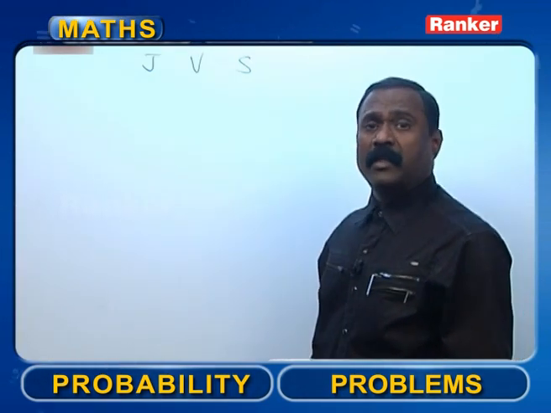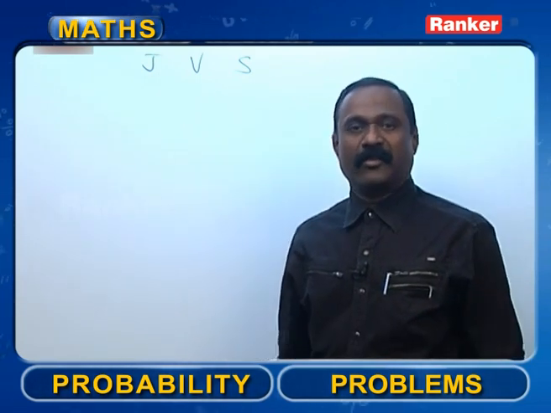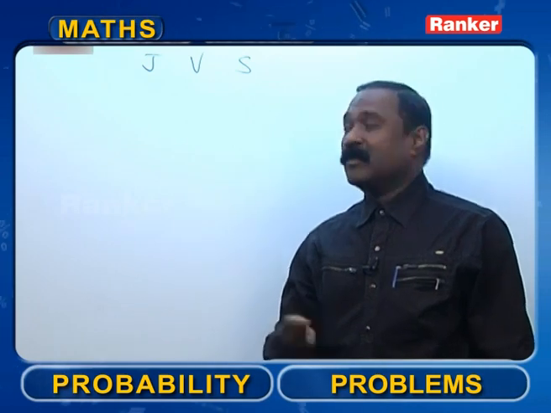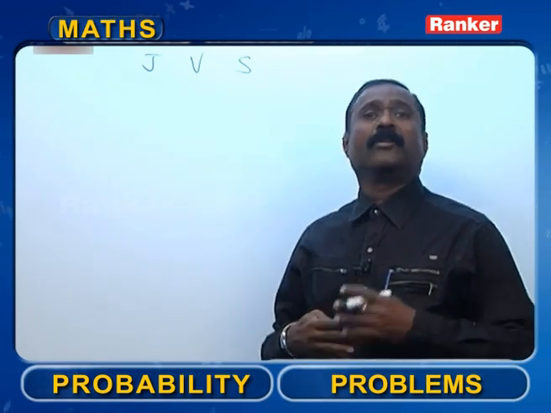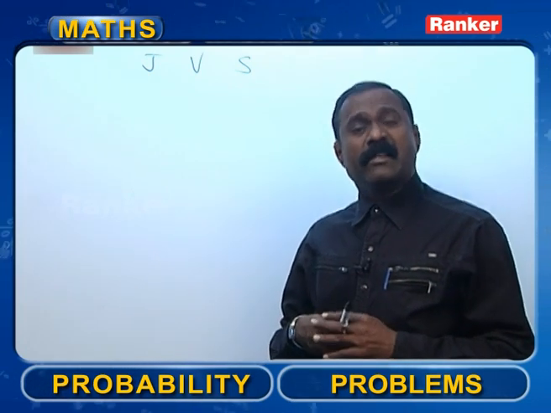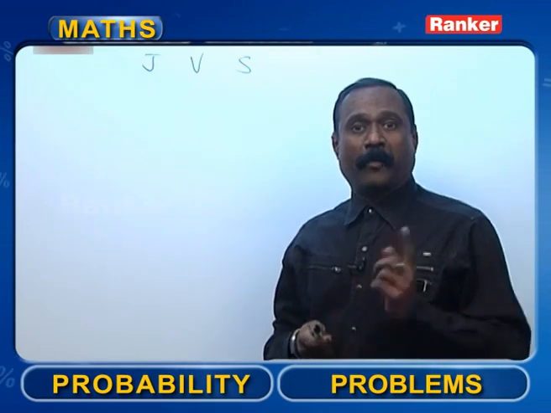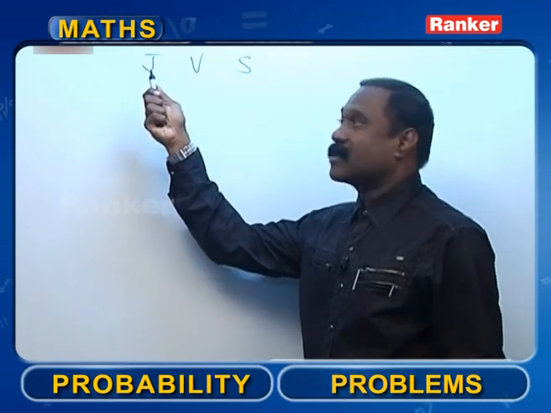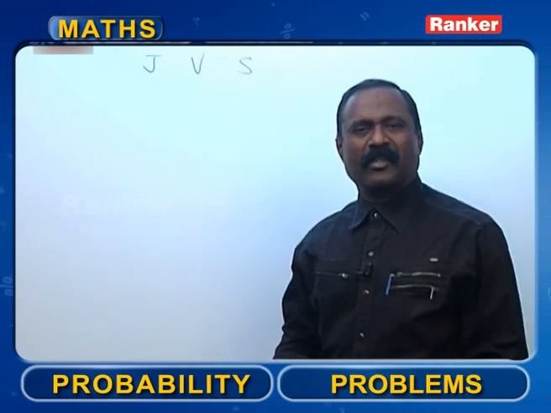After writing the examination, let us suppose all these are online examinations, you know the marks, and you know the cutoff marks also. So in such a case, you must know the possibility of your selection for JEE or VIT or SRM, whatever it is.